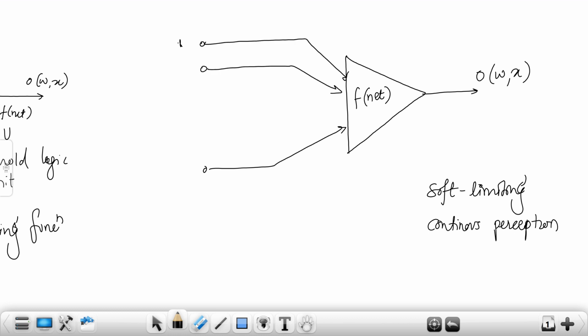Similar to that, we have inputs, and the weights will be W1, W2 and Wn. This is your summing function that it does. This is how you denote hard limiting and soft limiting activation neurons.